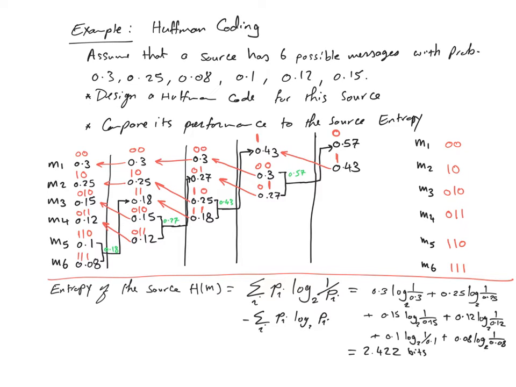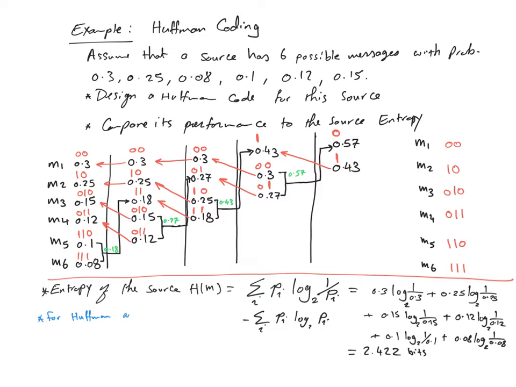Now, that's the entropy of the source. What about what we have designed here, the Huffman encoded messages? In order to compare that with the entropy, what do you need to calculate? The average number of bits per message. How do you calculate that? That's the entropy, the first part. Second part is for Huffman.